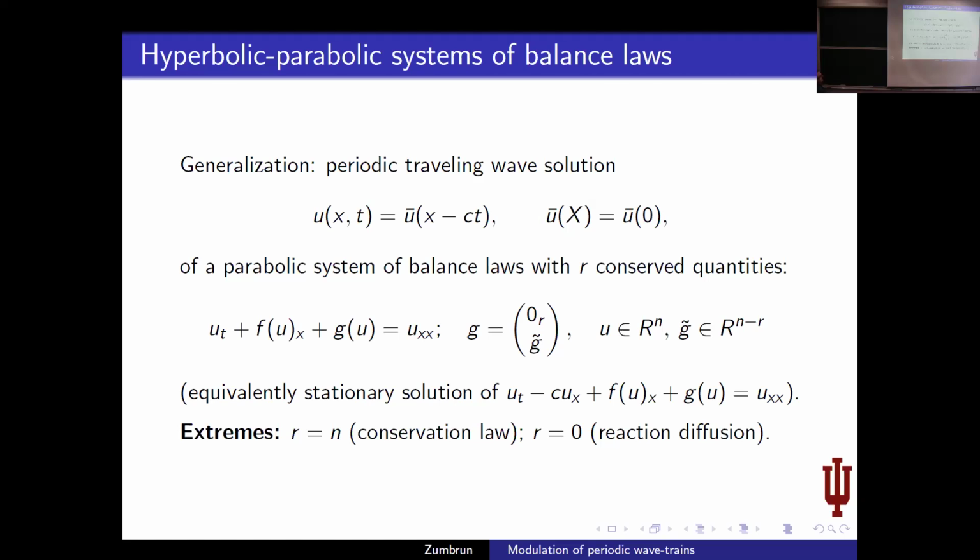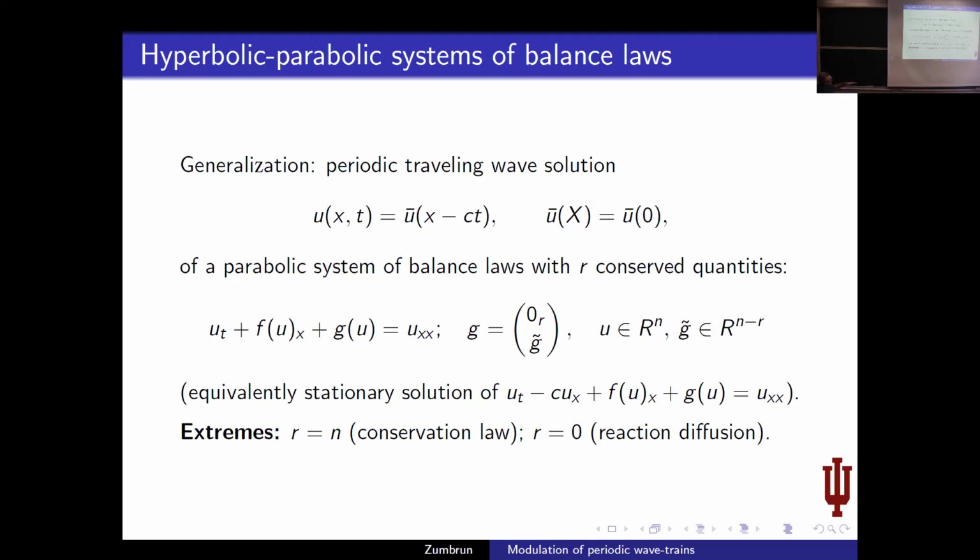That means the first R coordinates satisfy a conservation law, and those first R coordinates are densities whose total integral does not decay, or rather is conserved. Okay, and we're going to look at stationary solutions, equivalently of the co-moving frame equation.